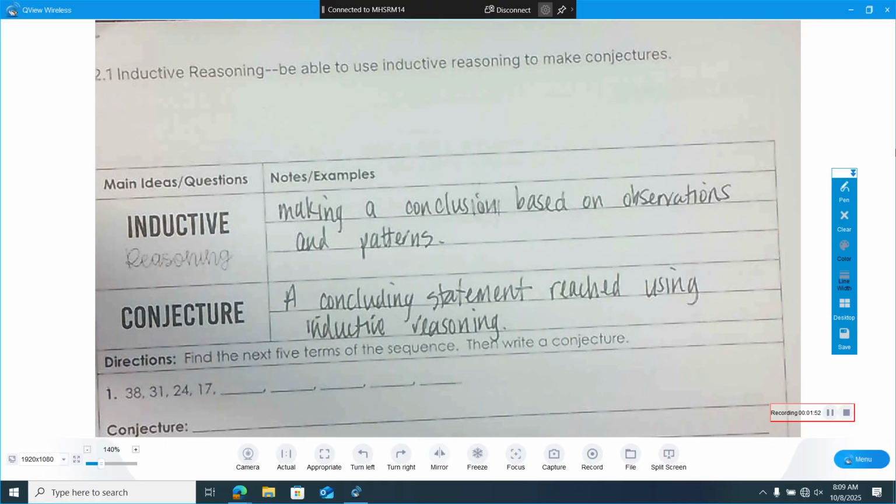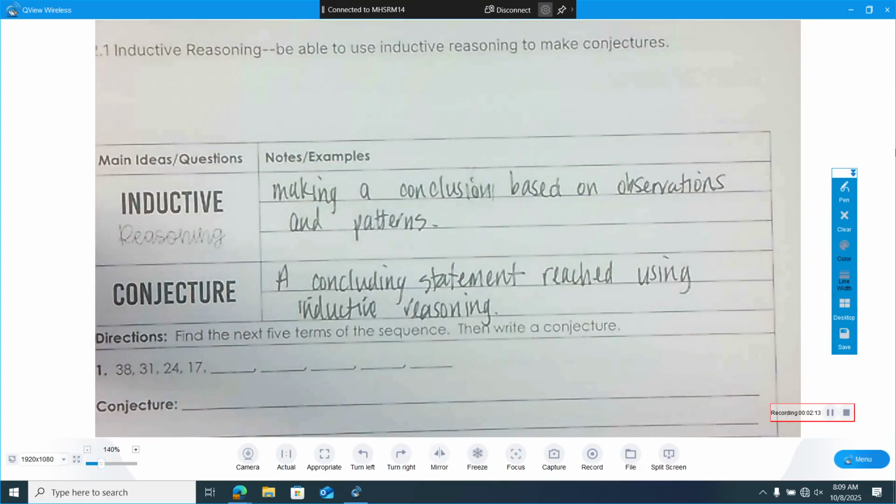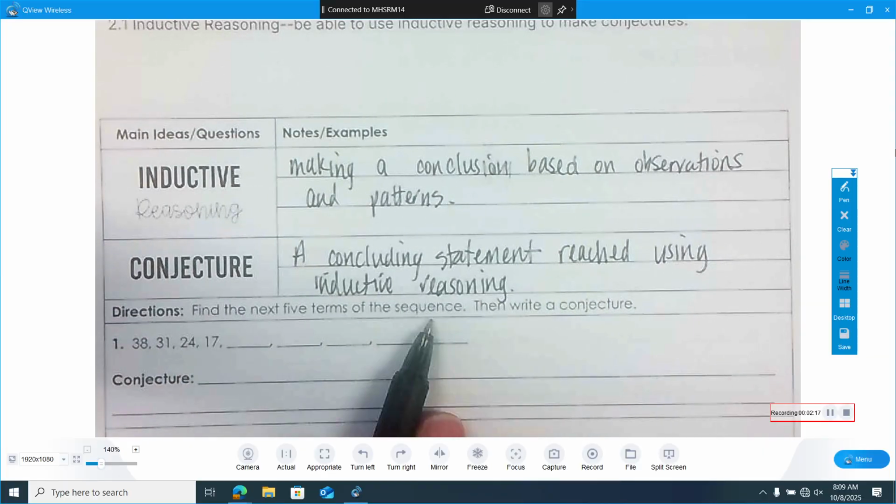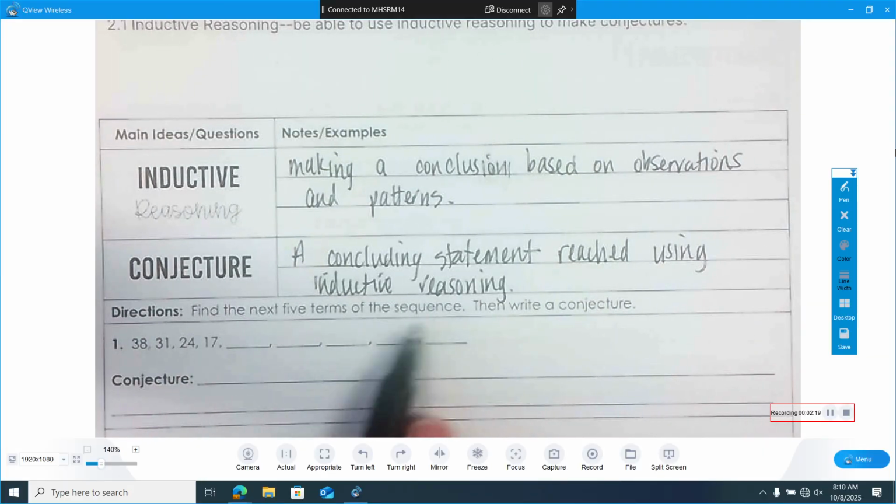So we use inductive reasoning when we recognize patterns, and when we recognize enough patterns, we'll make a statement like, hey, it's going to rain again today. That is when we would make a conjecture. So a conjecture is sort of like a hypothesis about what's going to happen based on the stuff we've been seeing before. Okay, so we want to use our inductive reasoning skills to find the next 5 terms in the sequence and then write a conjecture.